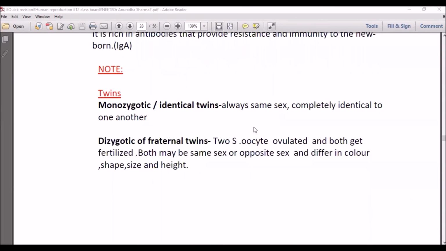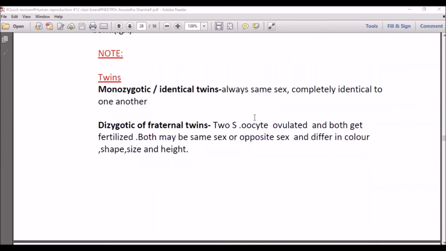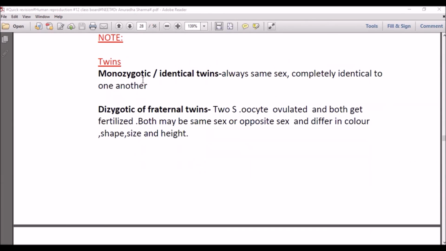Now, there are certain terms which we should remember. First is monozygotic or identical twins. These monozygotic twins always have the same sex and they are completely identical to one another. Because they are completely identical, they are known as identical twins or monozygotic twins.